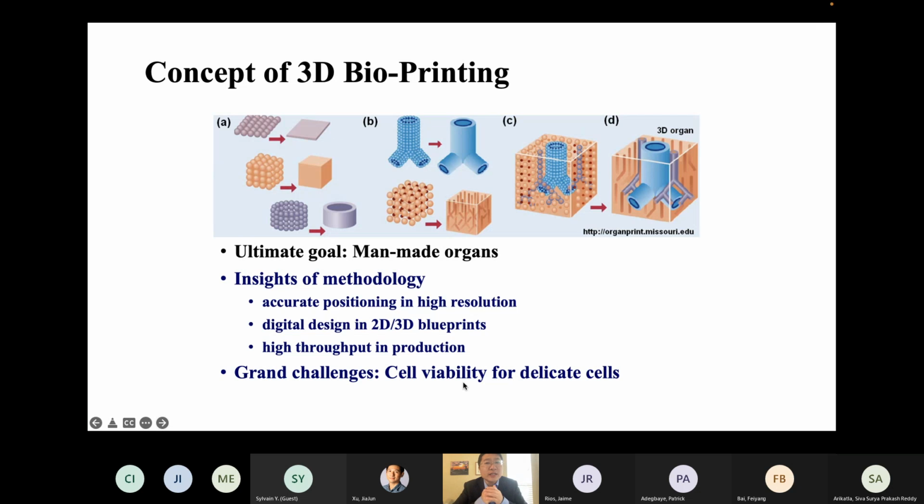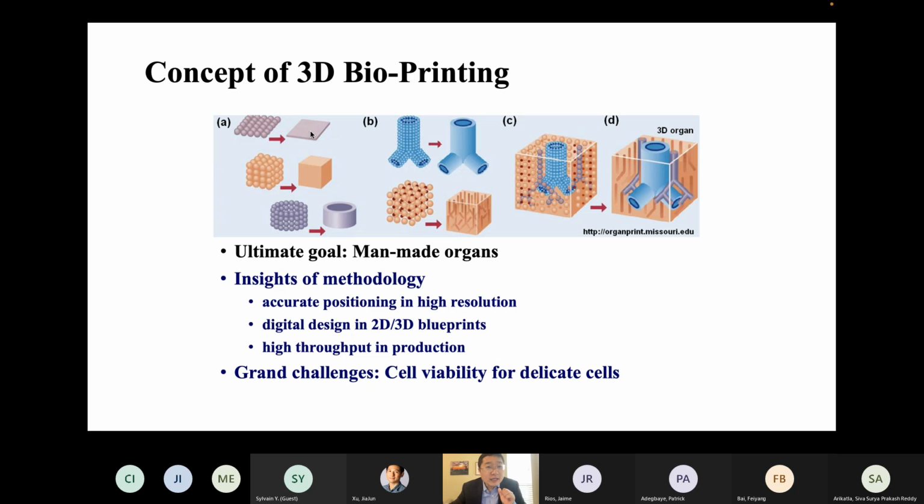So bioprinting is, well, I think 20 years ago it was a fancy story, like, oh, we can print tissues, we can print cells to form tissues, form organs, as you see here. The roadmap shows that, well, if we can print an individual cell, right?